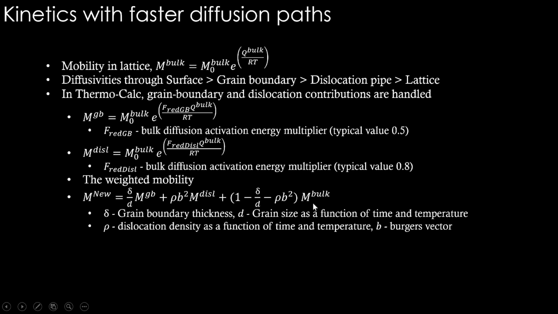The material is not only having atoms sitting in a perfect lattice, because some of the material is in the dislocation, some of the material is in the grain boundary. So those are to be subtracted from the total lattice material. Okay, so that is what is done here. 1 minus, removing the grain boundary part and removing the dislocation part. So that's how you get the new mobility.